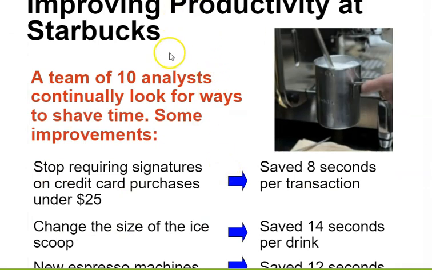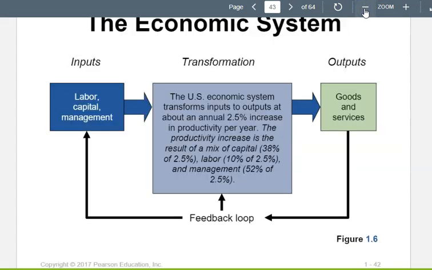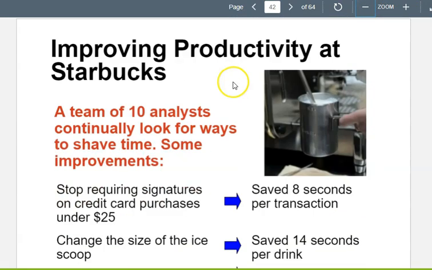Examples of improving productivity can be in Starbucks. So I'm sure those of you who have been to Starbucks for years have seen they keep changing their machines, right? They keep changing the coffee maker.